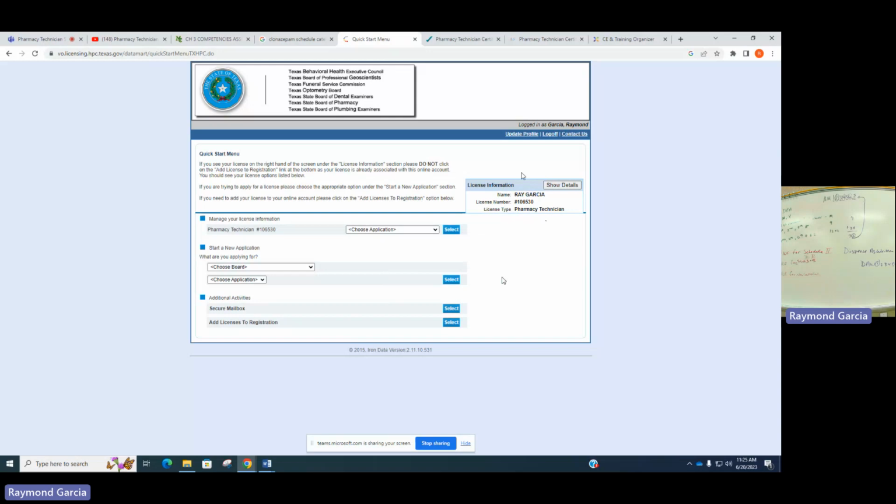All your information will be in there as far as your credentials, as far as licensing for pharmacy. We have to register to our state board once we pass the certification examination. So there's a couple things you got to keep in mind so that you can keep your certification.